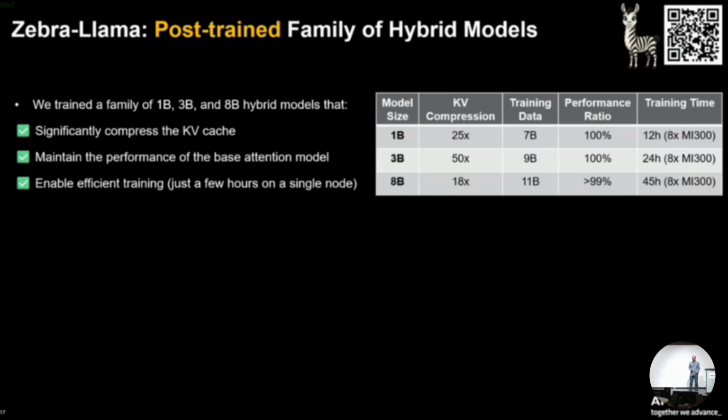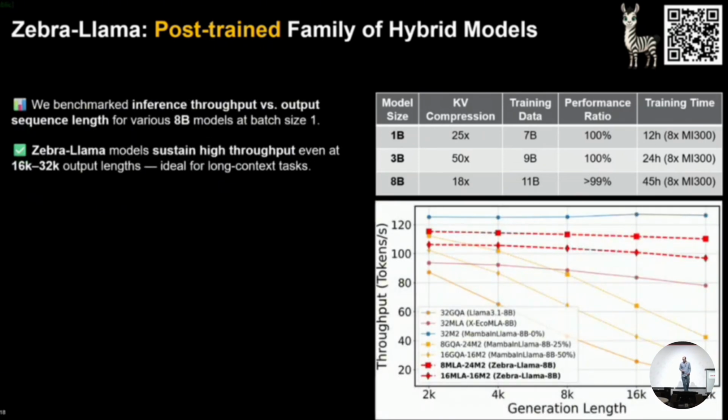We trained different model sizes: 1B, 3B, and 8B. These models are able to compress the KV cache significantly. We don't use many training tokens. In terms of performance, we are able to match the performance of these hybrid models with the original base model. And you can see the training time is just a few hours on a single MI300 node.